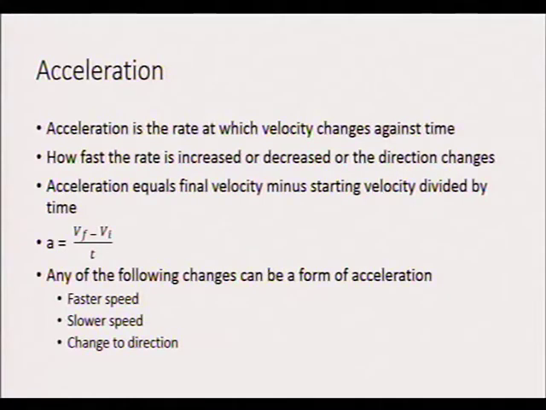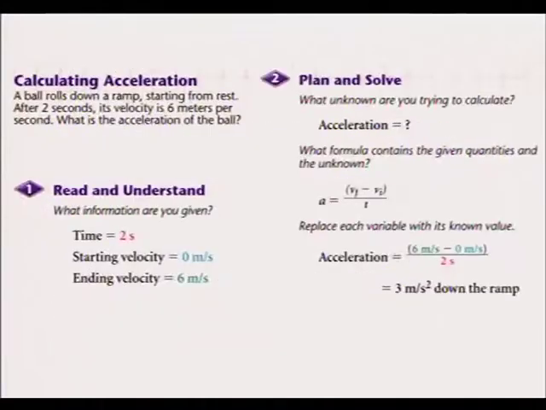You must take note when you are doing your calculation that as long as there's a change in speed, whether it's faster, slower, or a change in direction, that is acceleration if you are asked to calculate the acceleration.